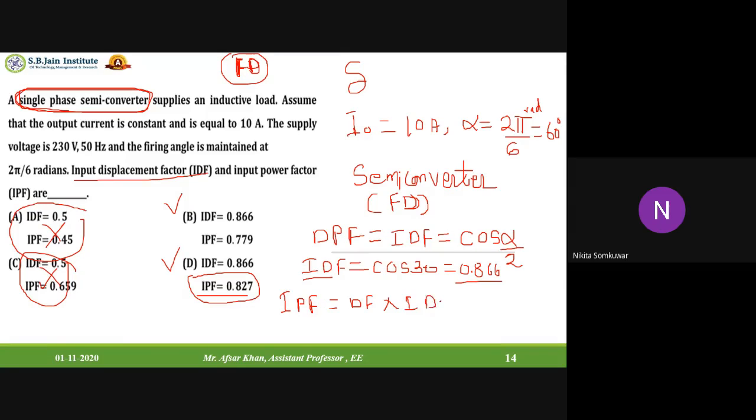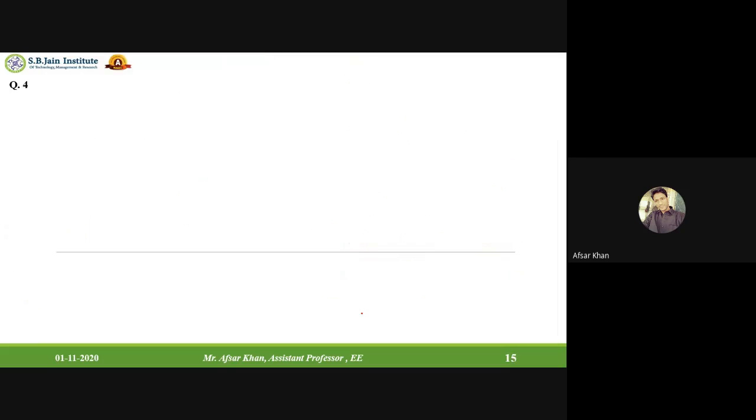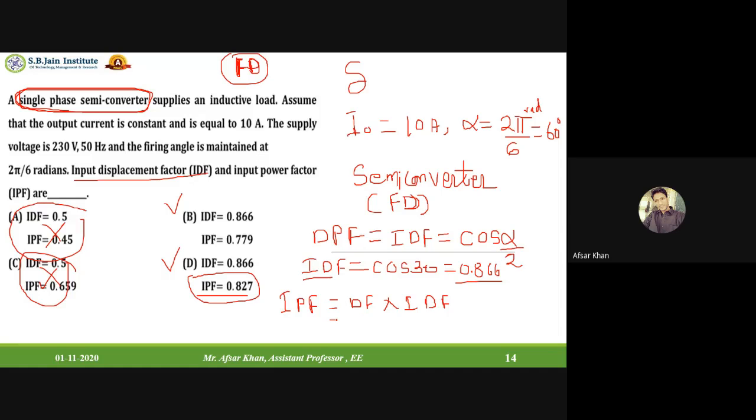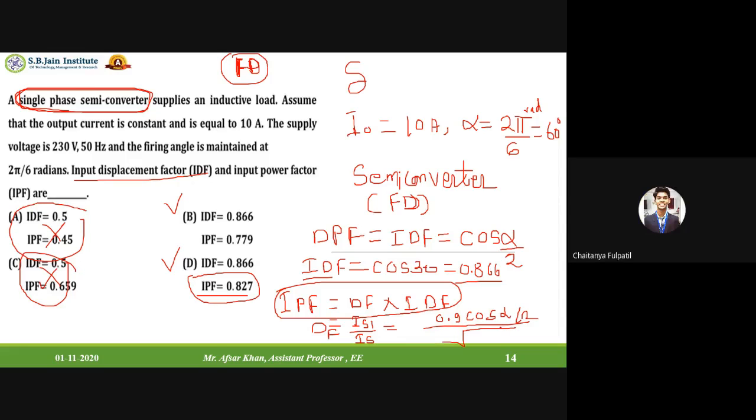IDF we know, but DF we don't know. So what is DF then? DF is IS1 upon IS. I will write the formula for DF. IS1 by IS. So what is IS1? 0.9 cos alpha by 2 over the square root of pi minus alpha upon pi.